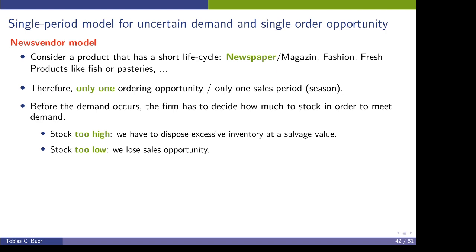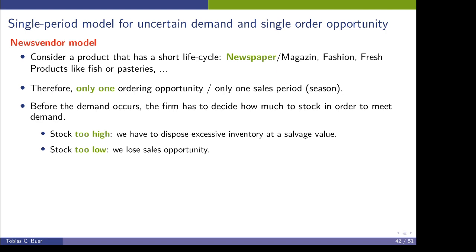So the price the paperboy can charge during the selling season is completely different from the price the paperboy can charge once the selling season is over. This model can be very helpful for products with a short life cycle, like magazines and newspapers, but also fashion products, which are only fashionable for a couple of weeks or months, or fresh products like fish or pastries.